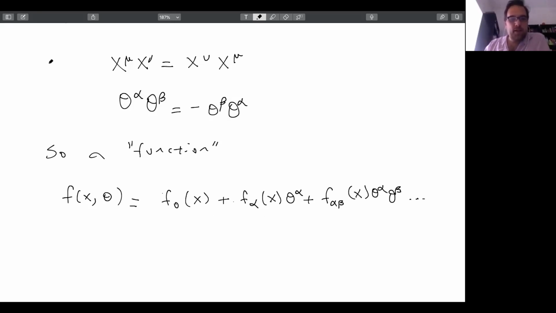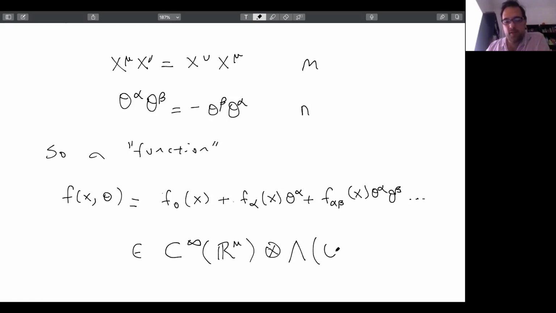And if there are m x coordinates and n theta coordinates, then you should think of this power series as an element of the algebra where each of these coefficient functions is a C infinity function, say on R^m, tensored with the exterior algebra with n generators.